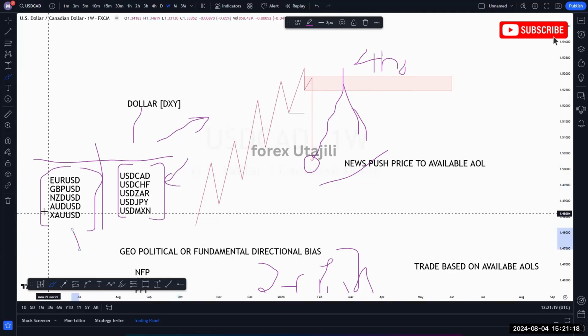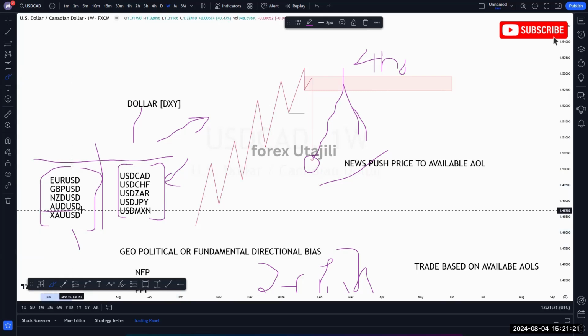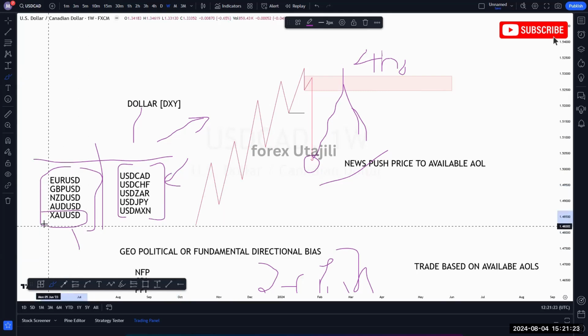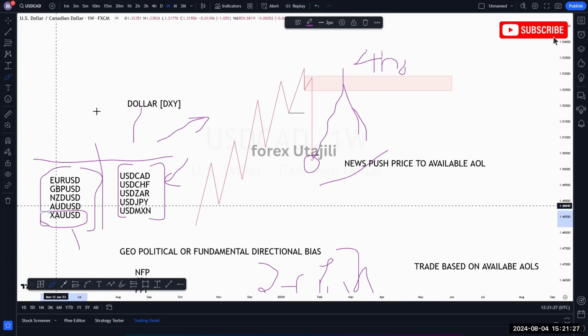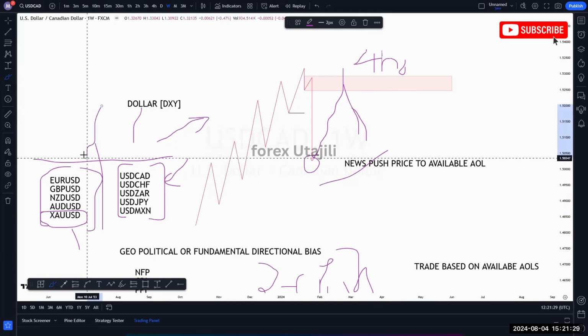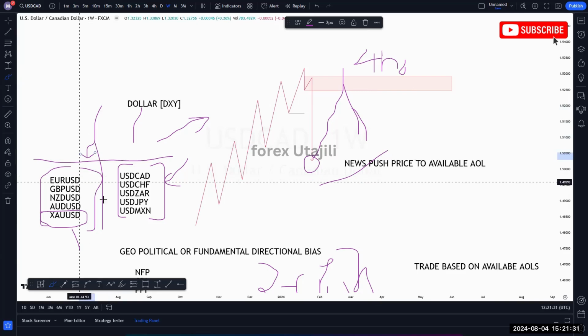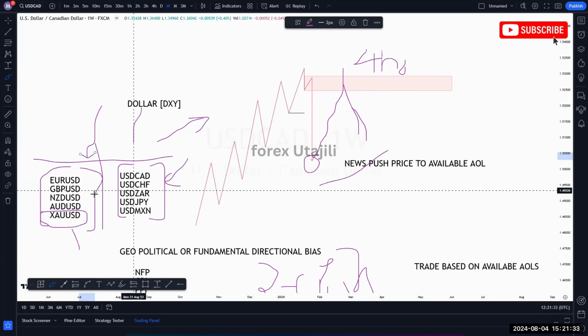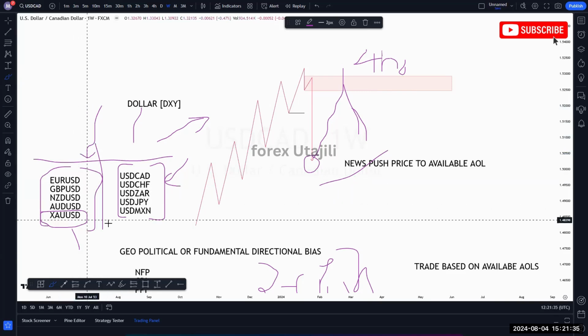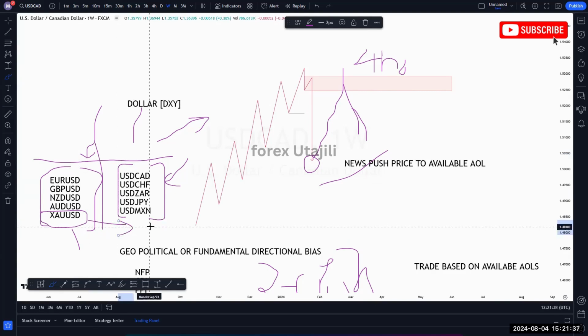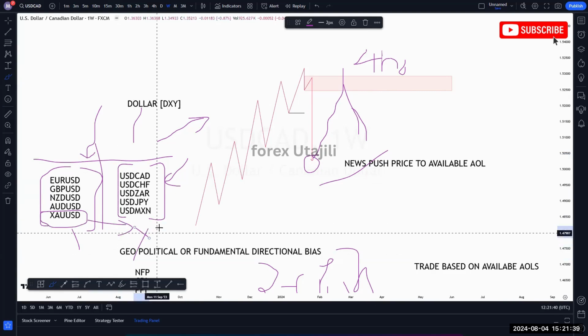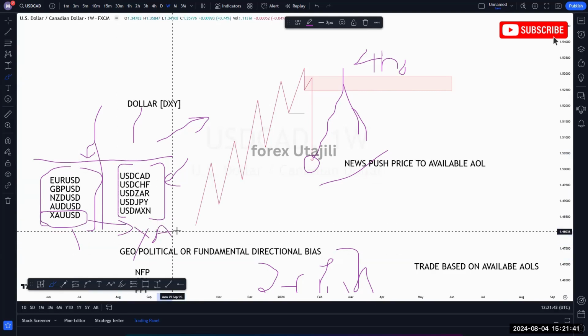Now, sometimes, according to the structure, the dollar doesn't move gold. So whenever you're trading these news, make sure you don't always rely on that. The dollar doesn't move gold; what moves gold is silver, which is XAG. Silver is the one that moves gold.